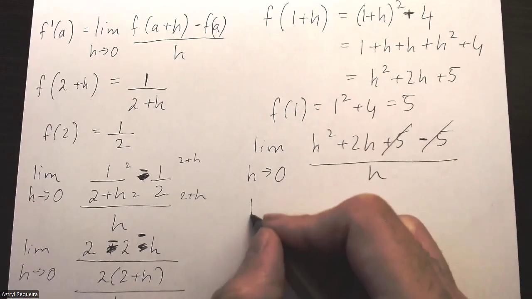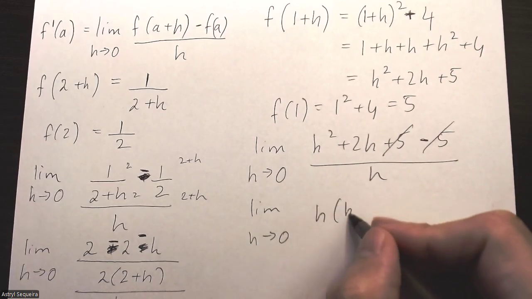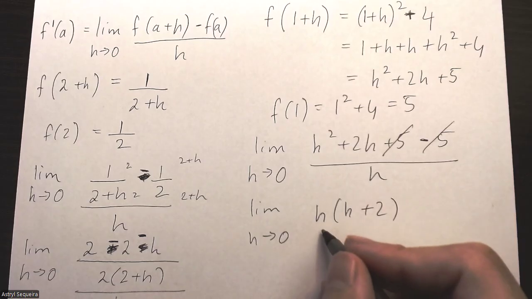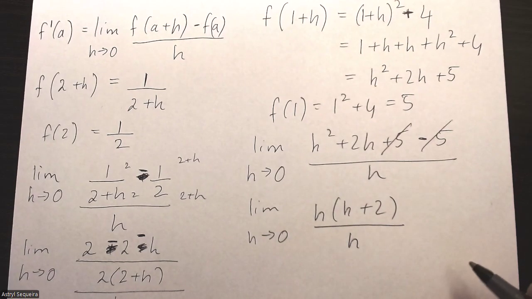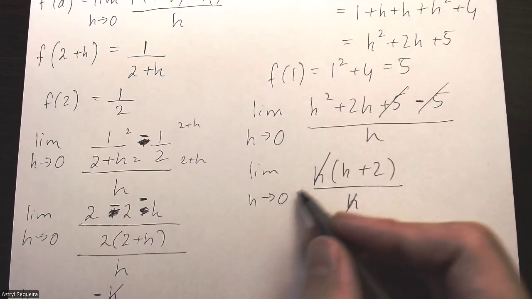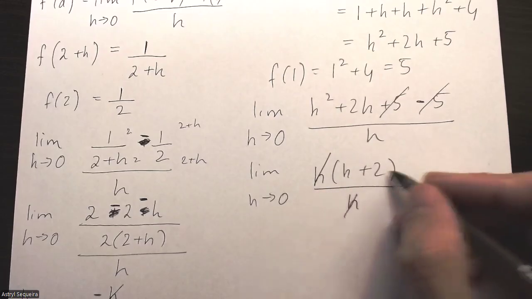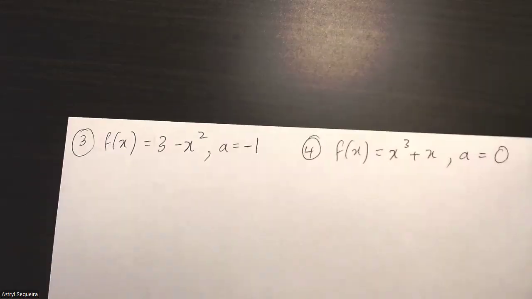I can factor out an h over there. Now I can cancel these two h's, and then I can sub in my limit of 0. So 0 plus 2 is 2, which is my solution for the second question.